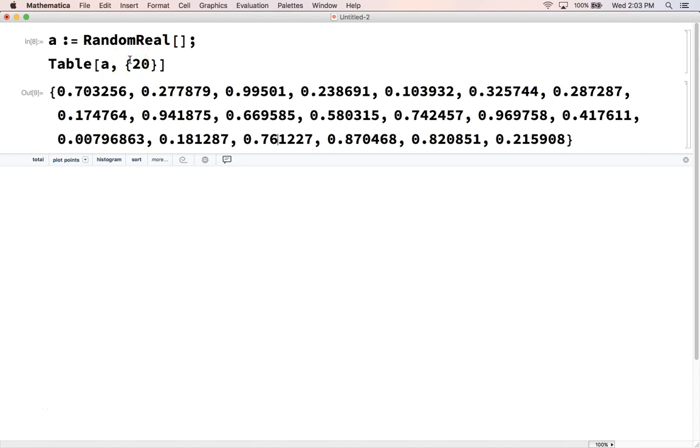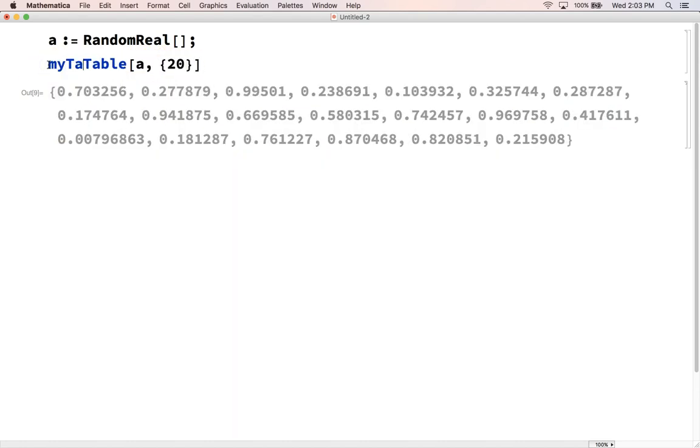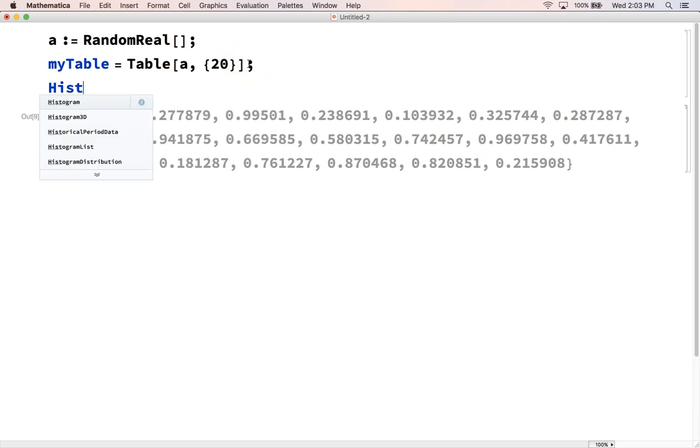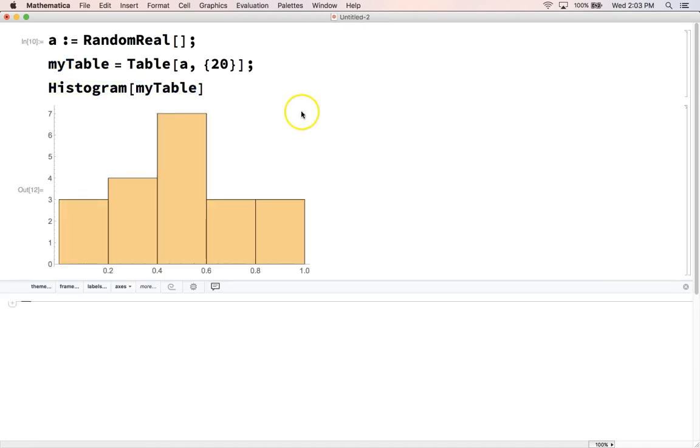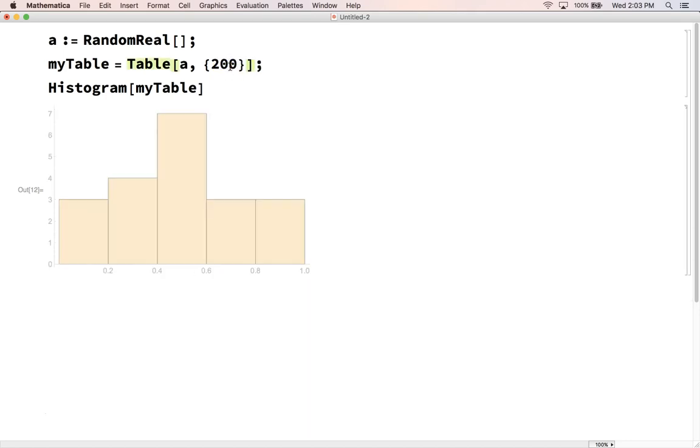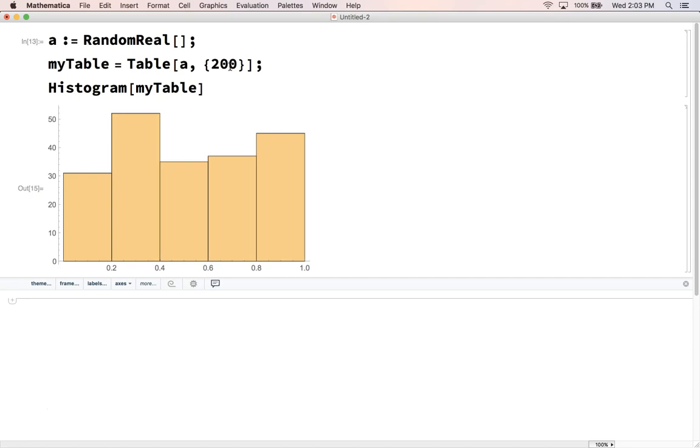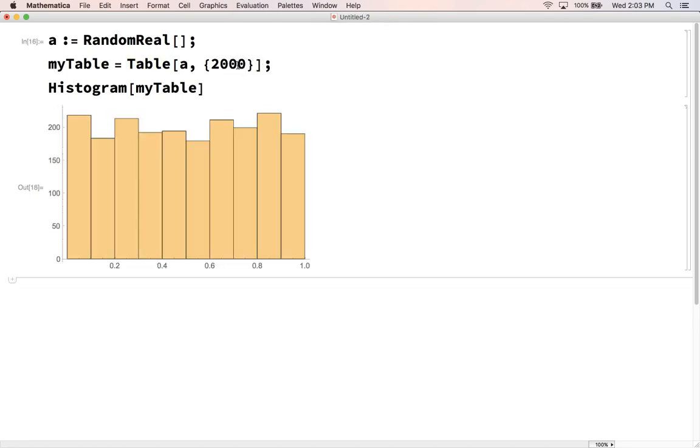So a very natural question is, how are these random real numbers distributed between 0 and 1? Well, I can try to get a sense for this by putting it inside a histogram. So let me call this, how about myTable? And then let me do Histogram, myTable. So I don't learn much from this, but what if I do more instances of A? What if I do 200? Okay, I still can't really tell what the pattern is.